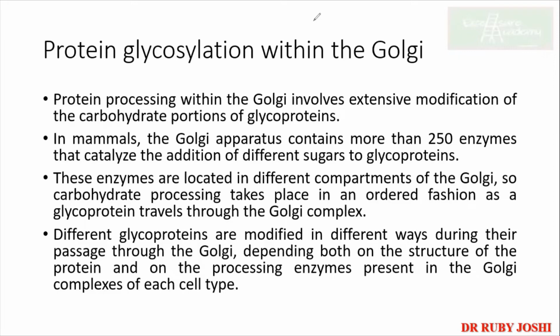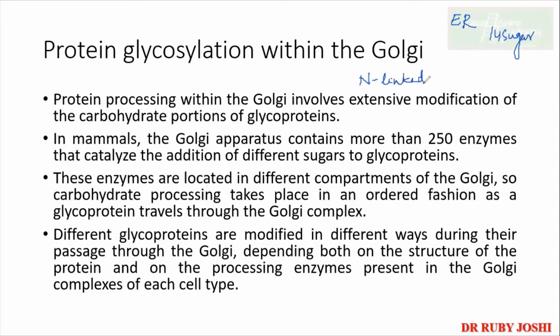Okay, so yesterday in the previous lecture we discussed glycosylation. What kind of glycosylation happens in the ER? Anyone remembers? We talked about the 14 sugar oligosaccharide. Do you remember that? In the ER, it is N-linked glycosylation.